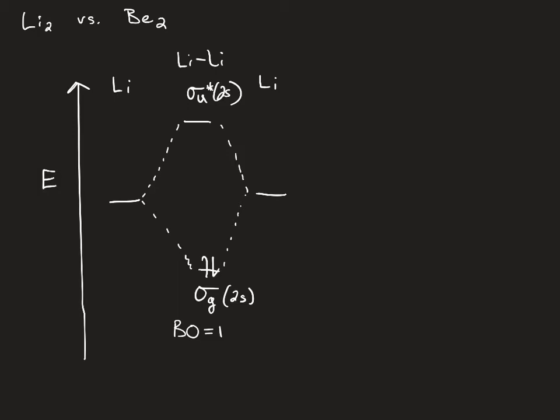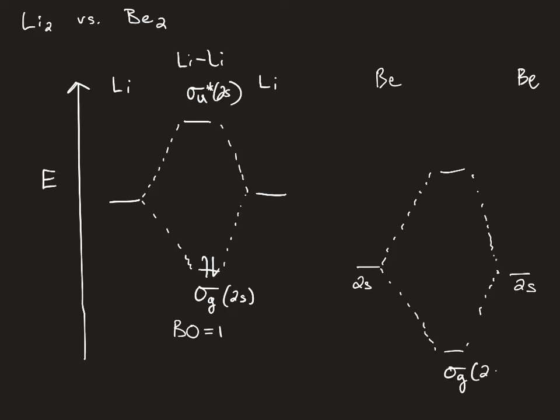So when we go through and draw this for beryllium 2, we're going to place the 2s orbitals for beryllium there. These are still going to form our in-phase and our out-of-phase combinations. This is a sigma g formed from the 2s. This is still a sigma u star formed from the 2s, the beryllium molecule.